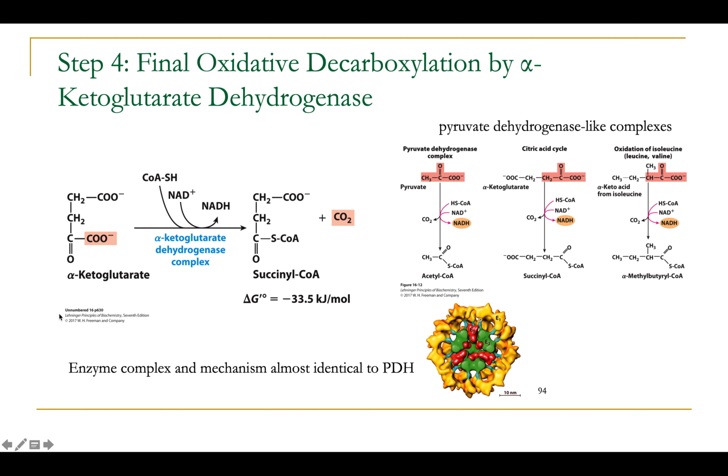The net energetics of this reaction, similar to the pyruvate decarboxylation, is a very, very highly energetically favorable reaction. At the end, we end up with the 4 carbon backbone, which is almost ready for regeneration of oxaloacetate.